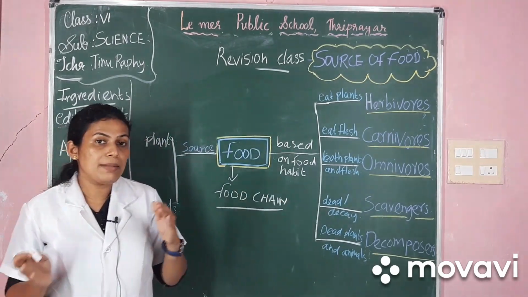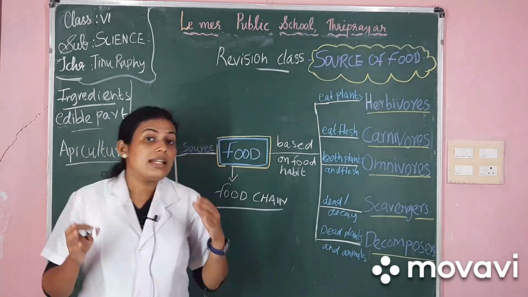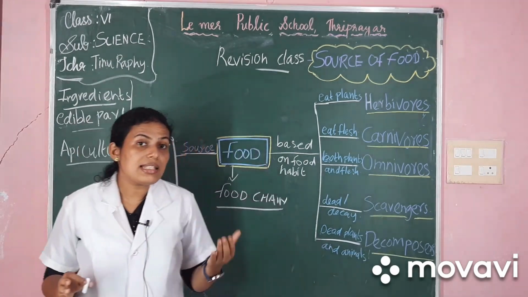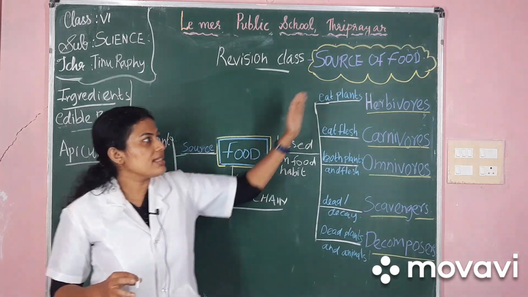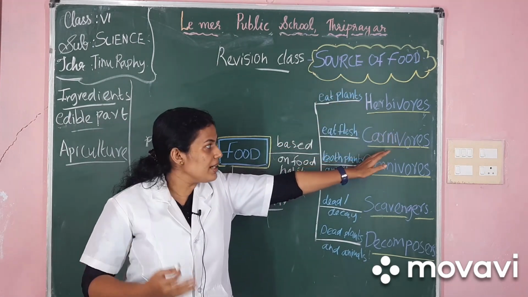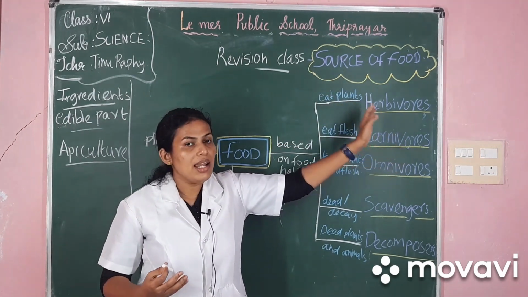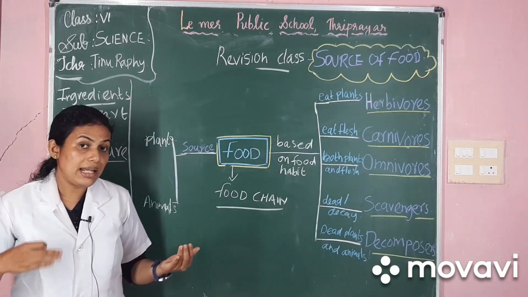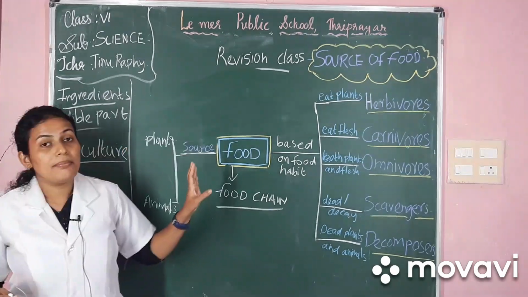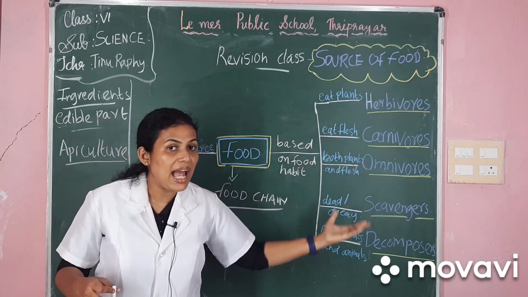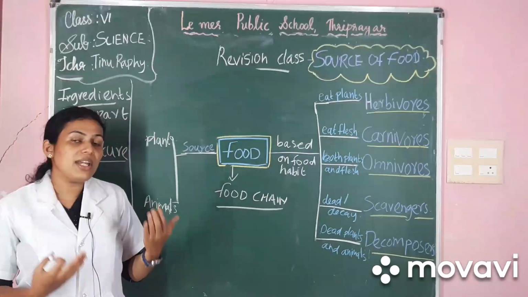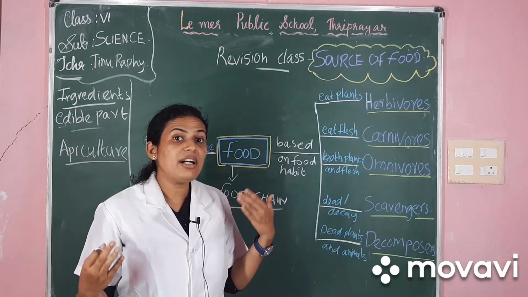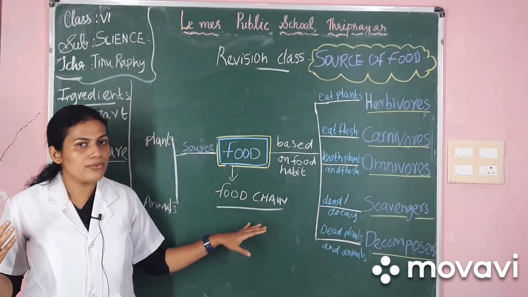So animals depend on plants. Green plants are eaten by herbivores, and these herbivores are fed upon by carnivores. Likewise, in some way or other, directly or indirectly, animals depend on the plants for energy or for food. So this feeding relationship among the organisms is called food chain.